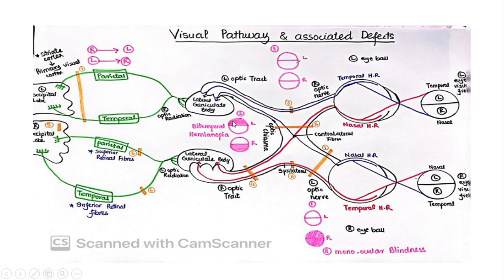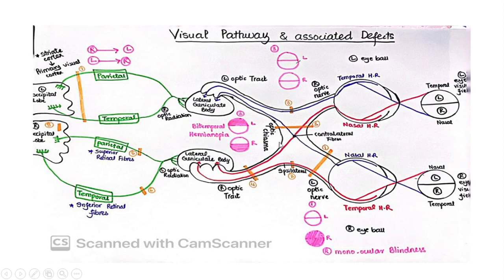The temporal side of the left eye visual field and the temporal field of the right eye visual field are defective. Among both eyes' visual fields, only both temporal sides are affected. That's why it is called bitemporal hemianopia. This is the left temporal field, this is the right temporal field, and both are affected.